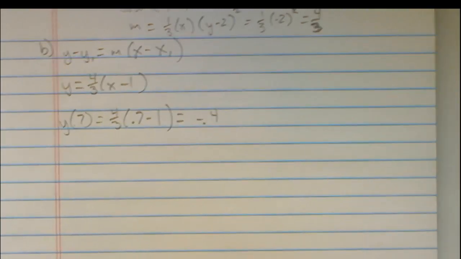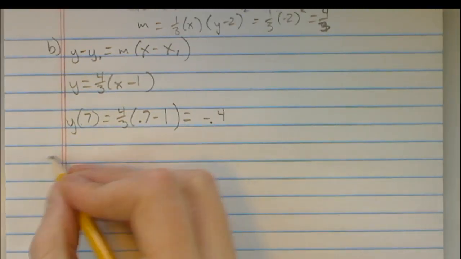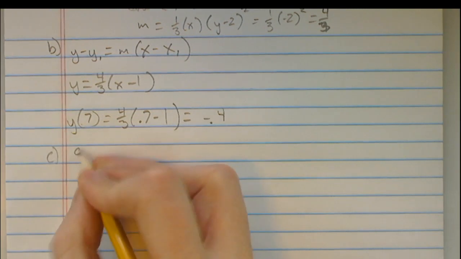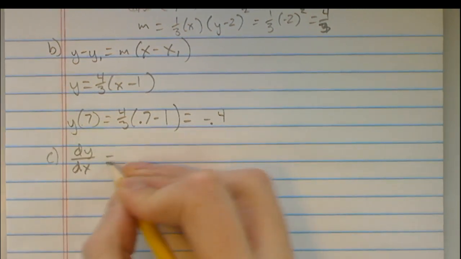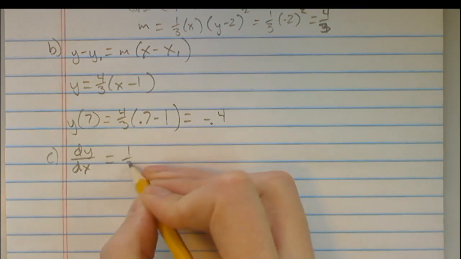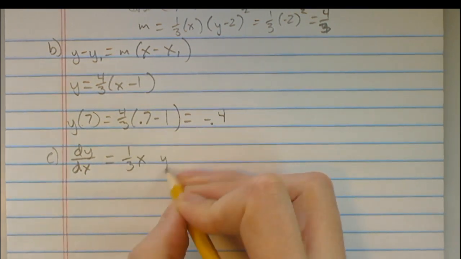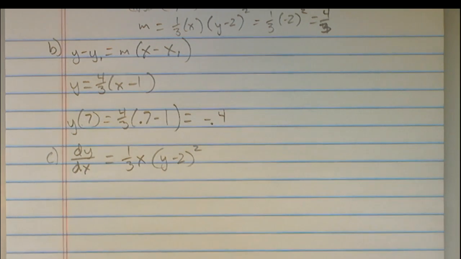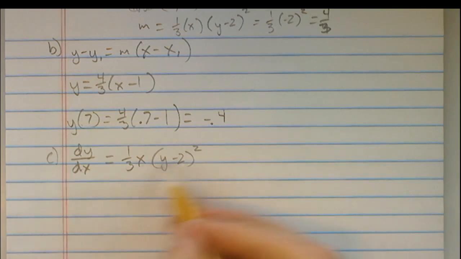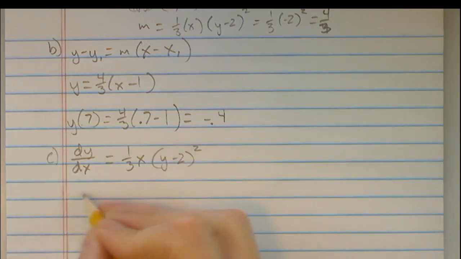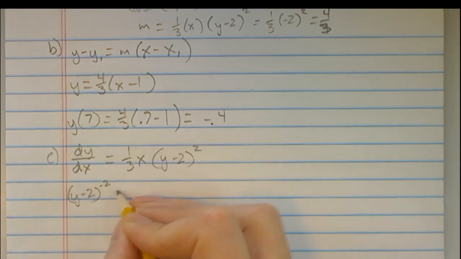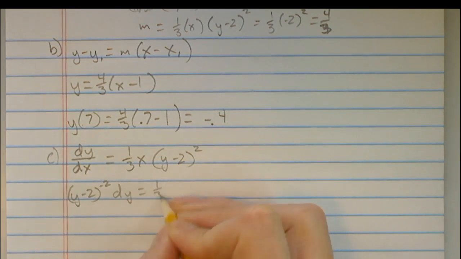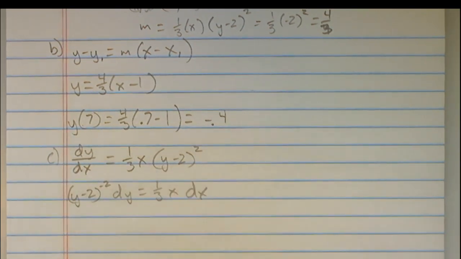All right, so we have C. dy/dx equals 1/3 x (y minus 2) squared. Okay, get the x over there, get the y over there, so we have (y minus 2) to the negative 2nd dy equals 1/3 x dx. Take the antiderivative.